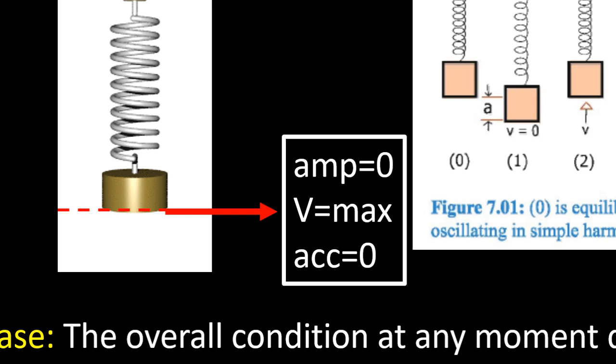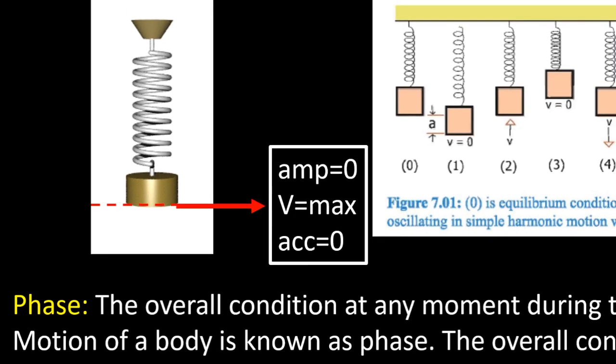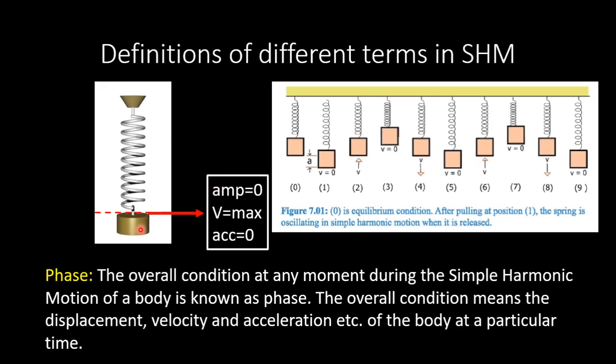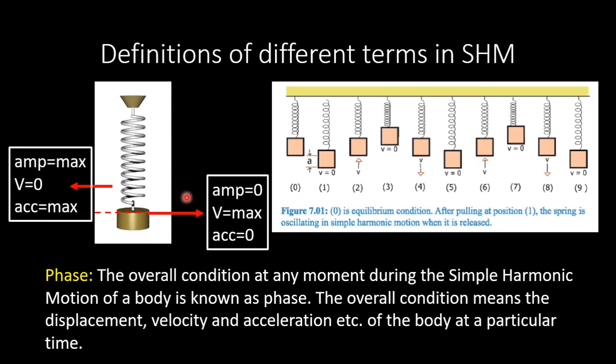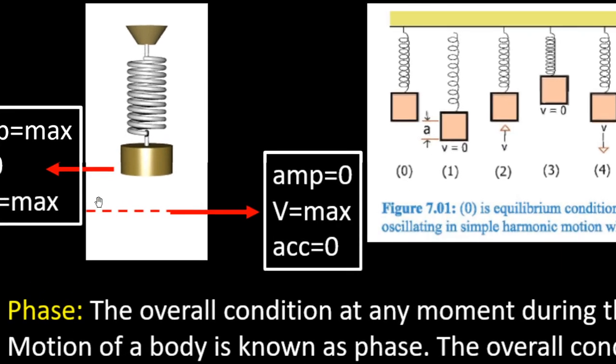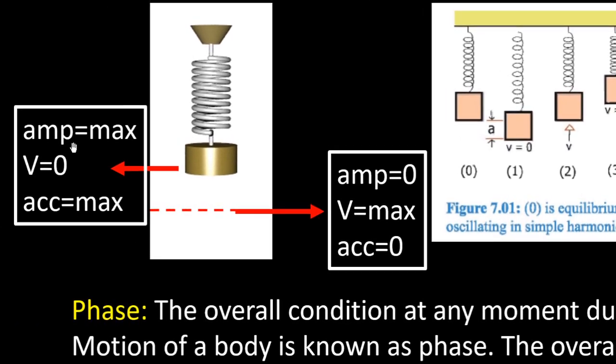As we know, the force acting on the body in simple harmonic motion is opposite and directly proportional to the displacement. So now the displacement is 0, so the force is also 0, that means acceleration is also 0, but the velocity of this object is at maximum, and the object travels downward and then upward. But at the top position the object has the maximum amplitude.